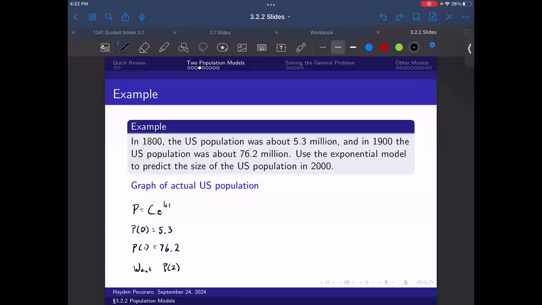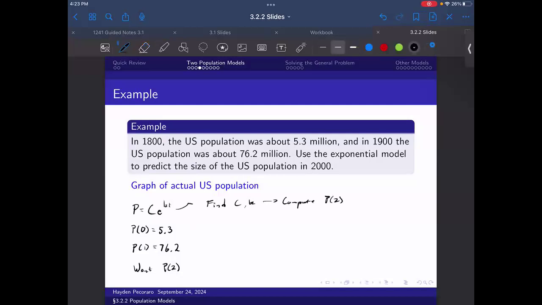Okay, well, I have a solution to my model here and two pieces of data and two unknown parameters. I can use those to find C and K. And then once I have those, I can compute P of 2.